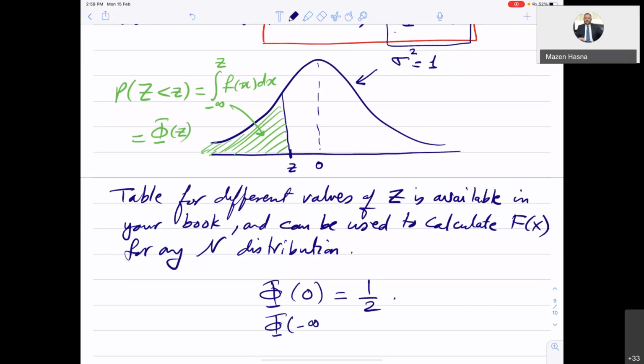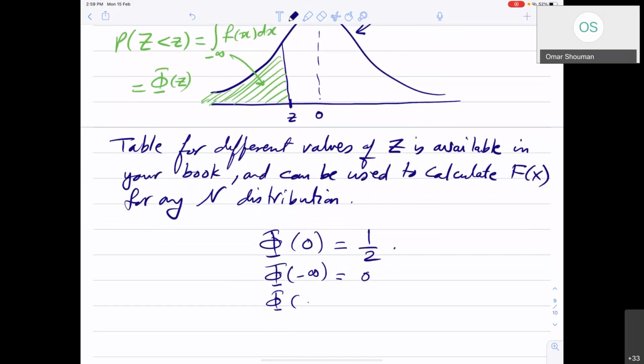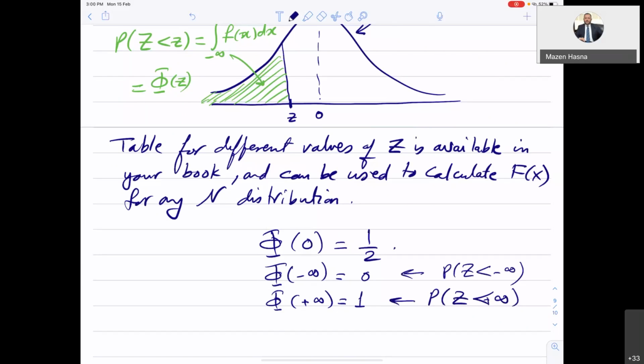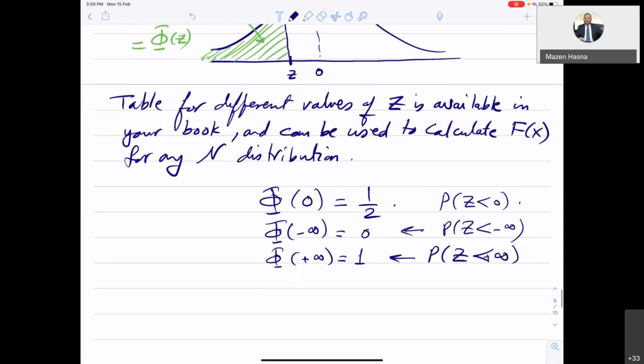What's phi of minus infinity? 0. Phi of infinity? 1, right? So the area under the whole curve is 1. So phi of infinity means the probability of Z less than infinity. This is the probability of Z less than minus infinity, and this is the probability of Z less than 0.